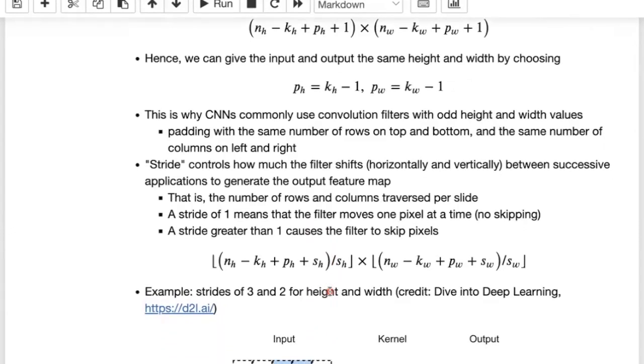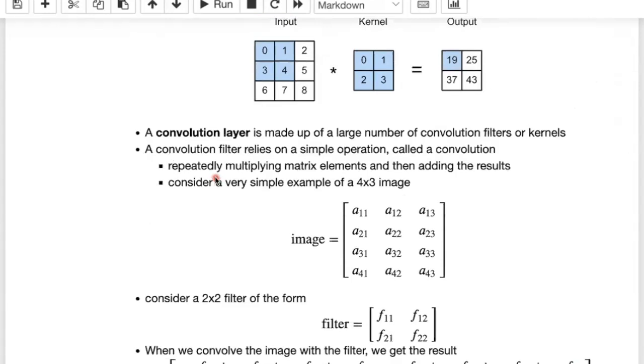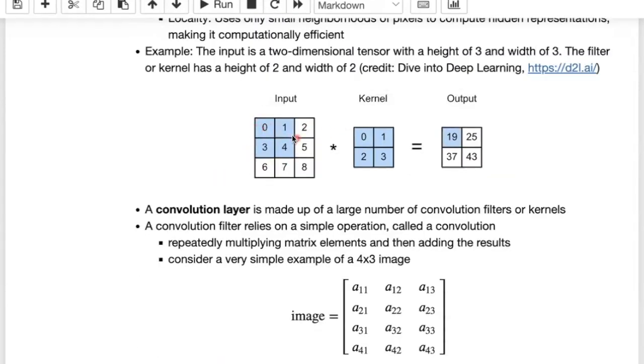And then the other thing which is very important when you're working with convolutional layers is this idea of a stride, right? What I explained so far is that when I place this kernel here to do the convolution operation, I always move it to the right and to the bottom only by 1 unit, right?